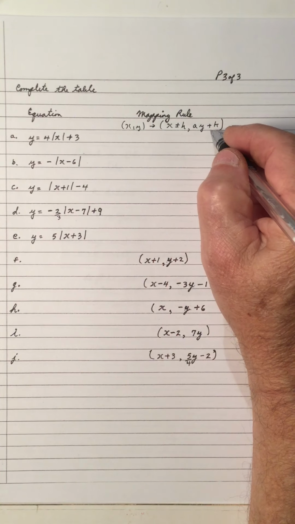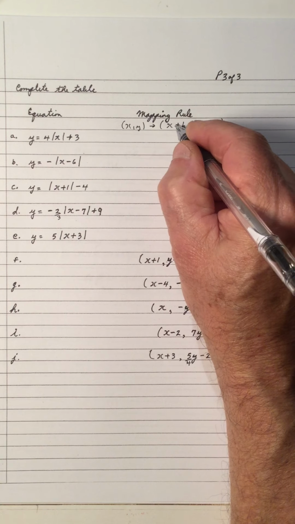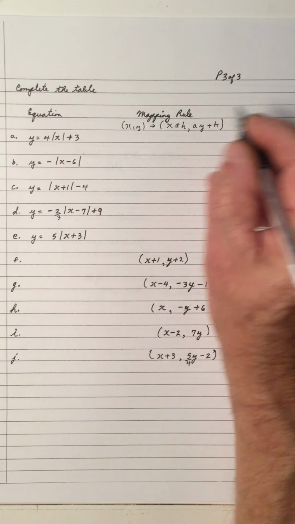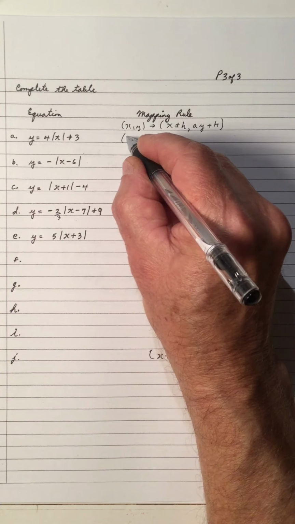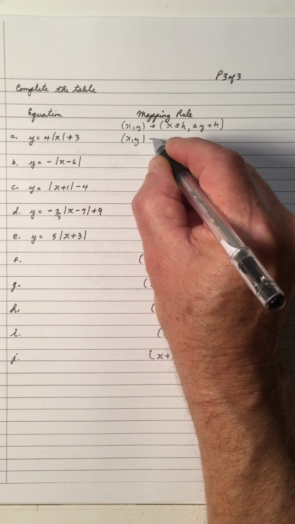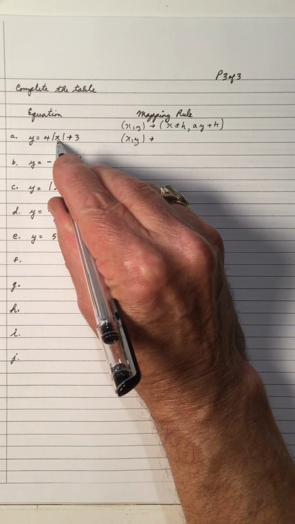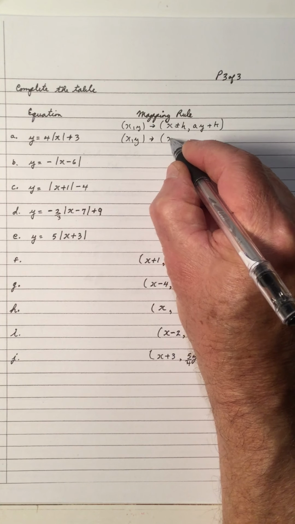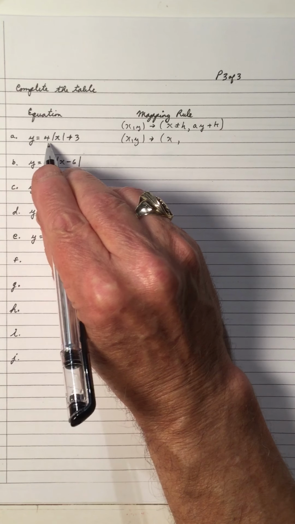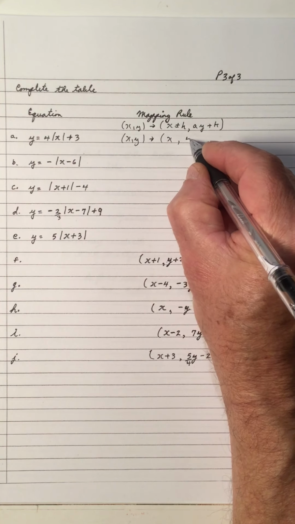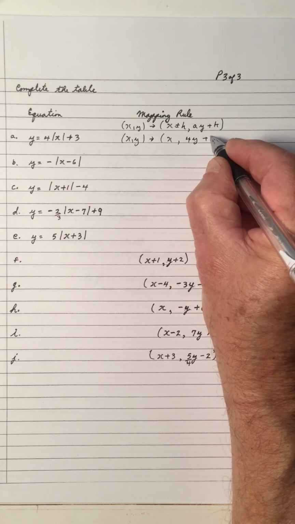So the plus or minus h, plus or minus k. I could have a plus or a minus here. It's just the opposite. So here we go, the mapping rule, x, y. And we have a 0 here, so that just stays x. And we have a is 4, so it's 4y plus 3.